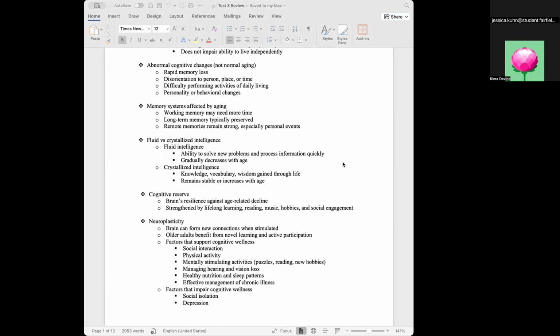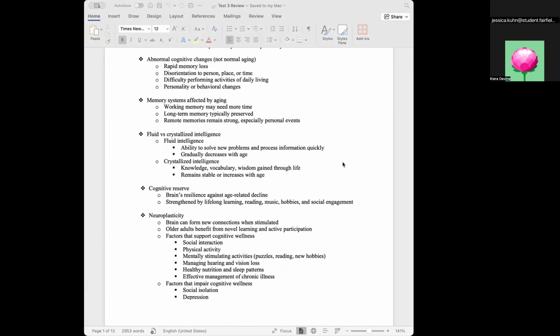Memory systems that are affected by aging. There is working memory, which may need more time, like we mentioned before. It was explained to me when I was in school that by the time you're in your older adulthood, you have so much information in your brain that it takes a while to go through it all to pull out what memories and information are relevant to what we're talking about.